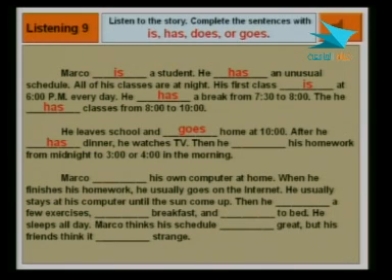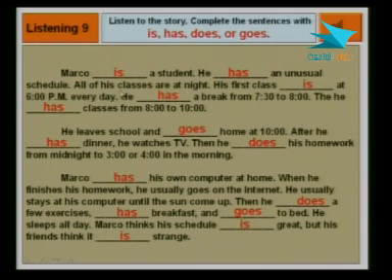After he has dinner, he watches TV. Then he does his homework from midnight to 3 or 4 in the morning. Marco has his own computer at home. When he finishes his homework, he usually goes on the internet. He usually stays at his computer until the sun comes up. Then he does a few exercises, has breakfast, and goes to bed. He sleeps all day. Marco thinks his schedule is great, but his friends think it is strange. End of chapter 3.